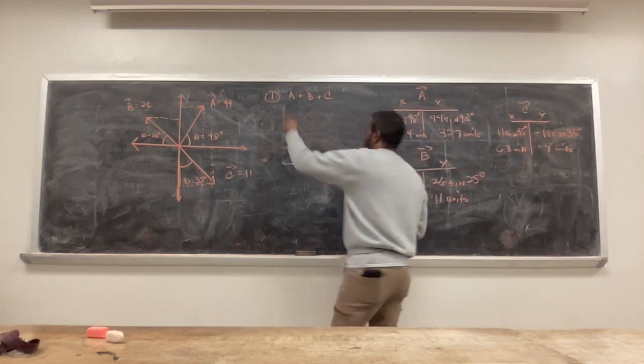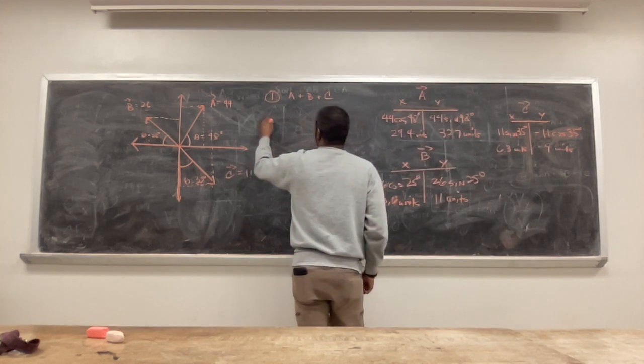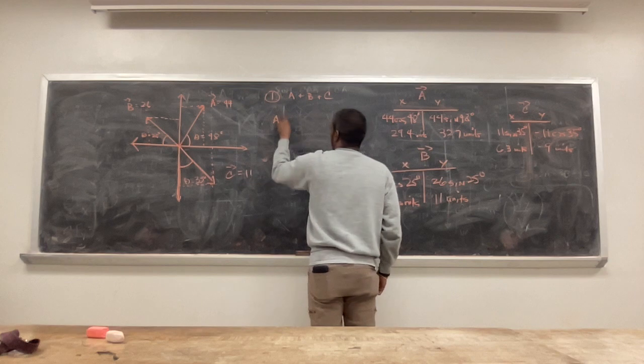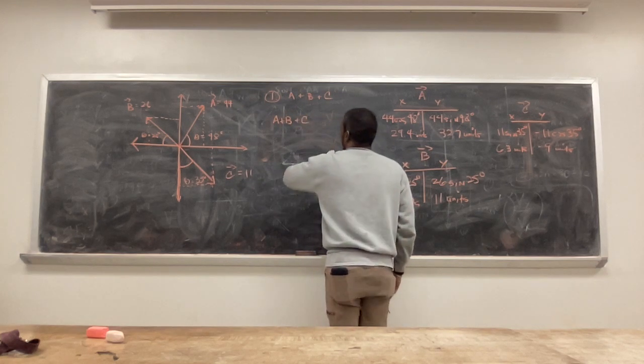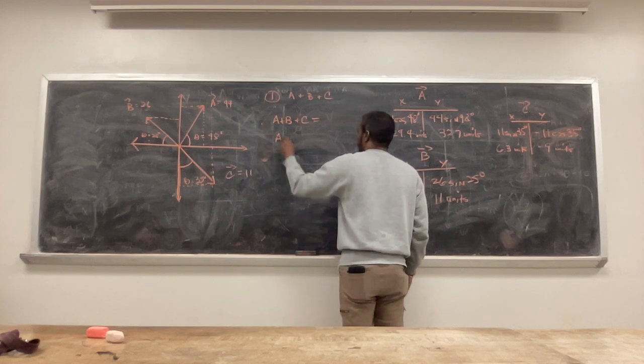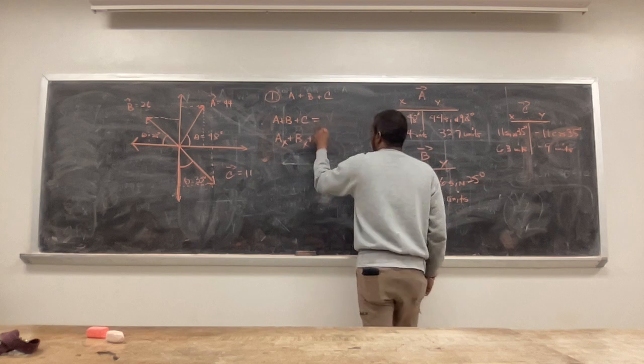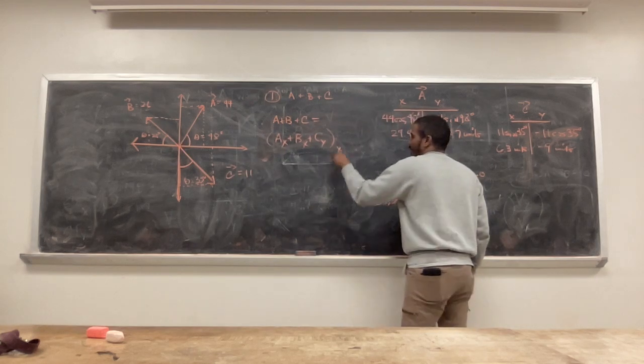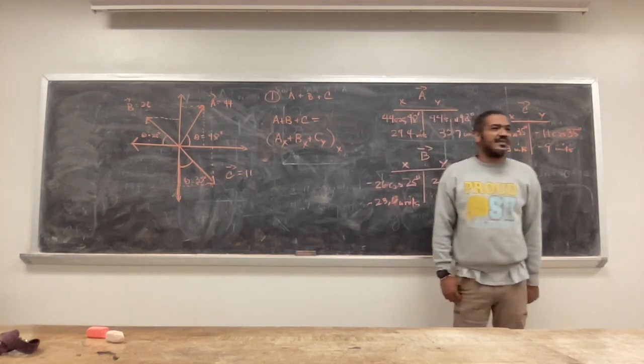A plus B plus C, right? So A plus B plus C is equal to what? AX plus BX plus CX. All of that is the X component of the resultant.